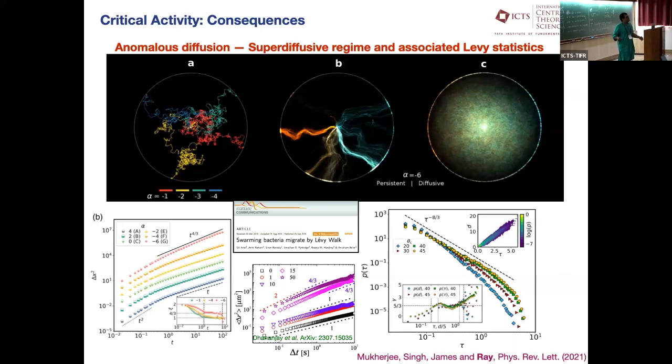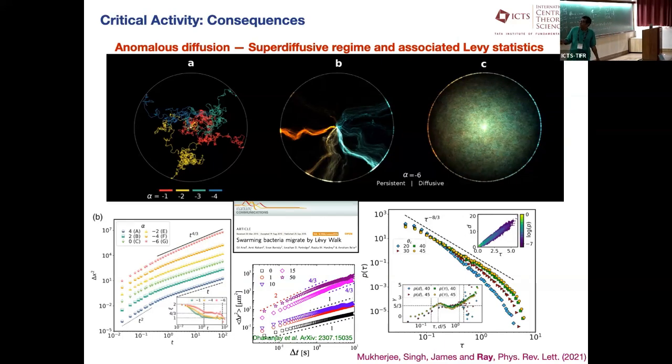So what are the consequences? I won't really speak about this, but if there are people interested, we can discuss it over lunch. One of the consequences of this critical activity is that a form of anomalous diffusion arises beyond alpha_c, whereas before things are simply diffusive. One of the rare experiments preceding our work which showed that this may not be the case was from Gil Ariel's group.